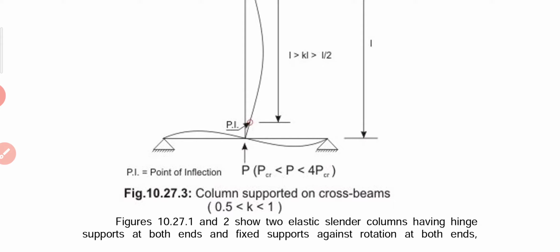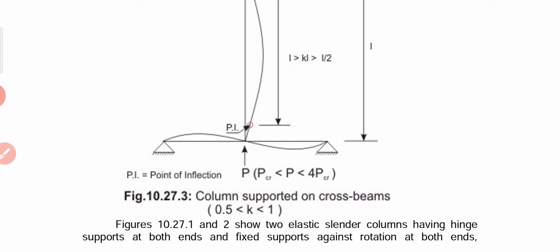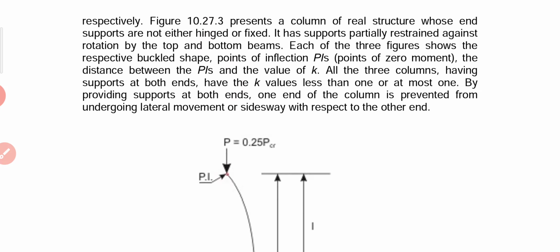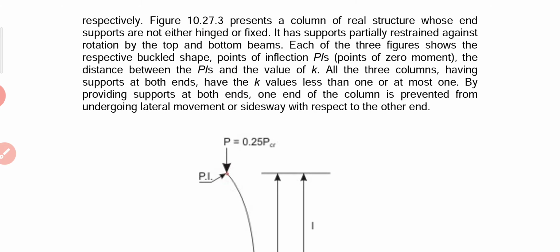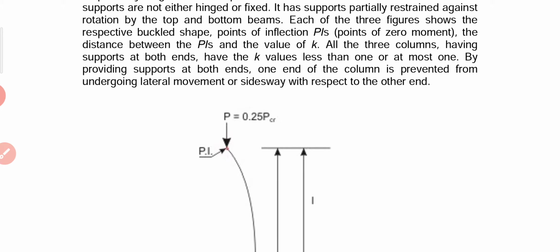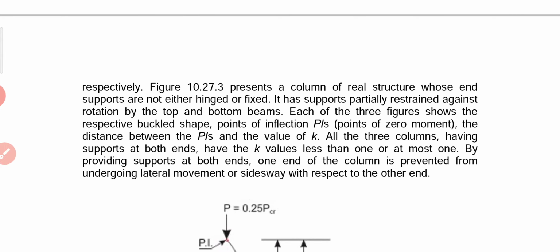From the figure, two elastic slender columns having hinged support at both ends and fixed support against rotation at both ends respectively present a column of a real structure whose end supports are neither hinged nor fixed. It has supports partially restrained against rotation by the top and bottom beams.